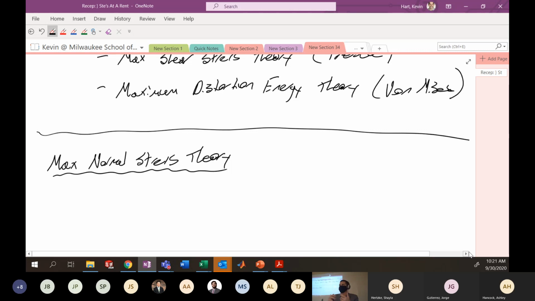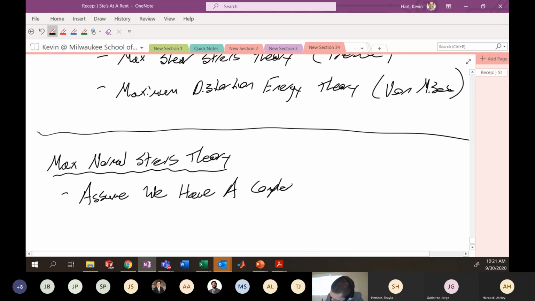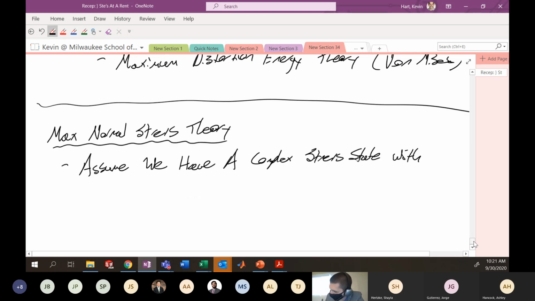Let's say we have some complicated stress state with all of the following things. You know, it might have sigma x, sigma y, sigma z, tau xy, tau xz, tau yz, right?